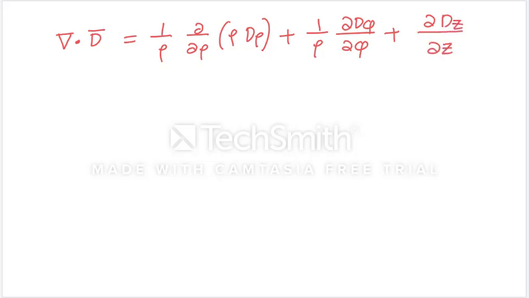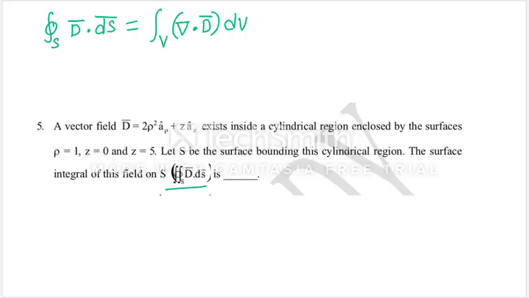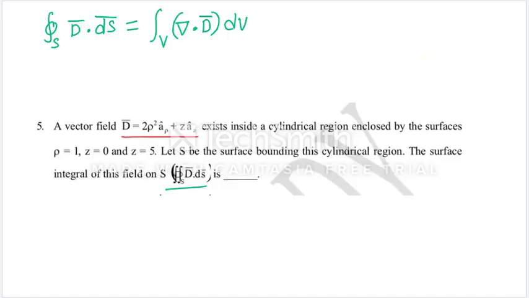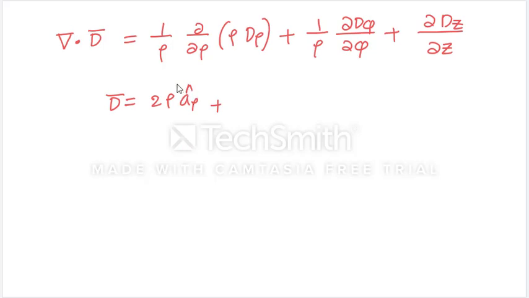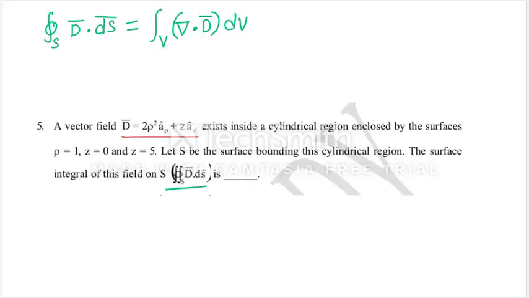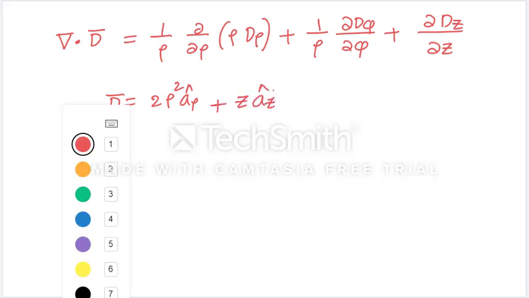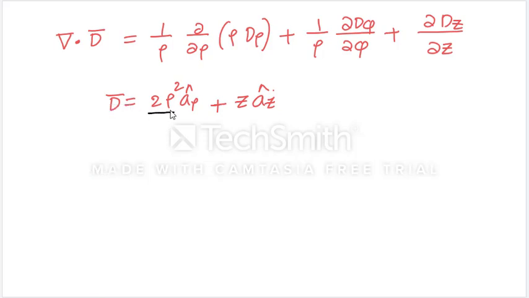And the D value is 2 rho square a rho plus z a z. So here this is my D rho, and this is D z. D phi value is 0, and we find the del dot D.